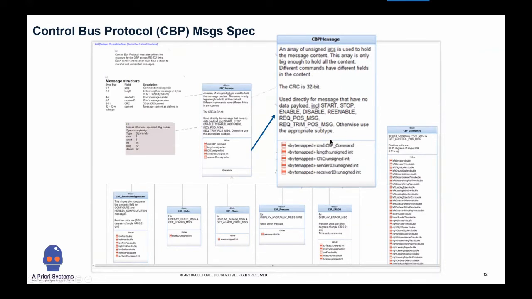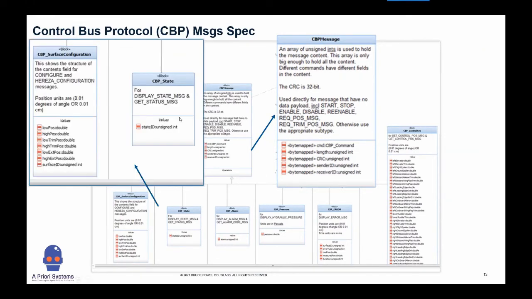This is just the basic message, and it's used directly for messages that send a logical message but don't have any data payload, when I just want to send a start or stop message. I just send the message where the command byte is start, and the command byte is an enumerated value. Other messages are subclasses because we're going to add data payloads.